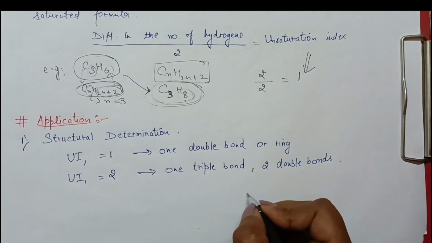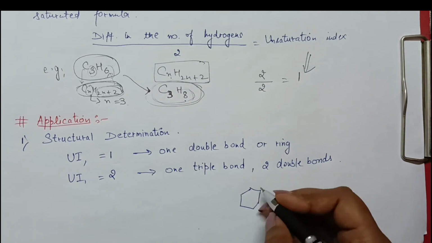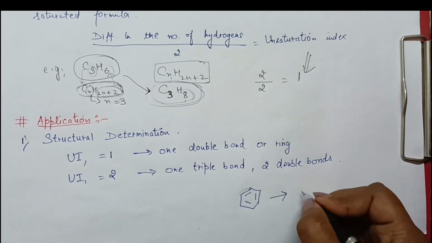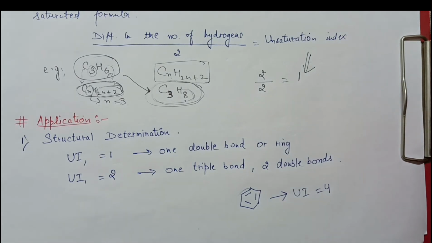Suppose we are talking about benzene. Benzene has one ring and three double bonds, so it should have unsaturation index equal to 4. Benzene contains one ring and three double bonds, so it has an index of hydrogen deficiency of 4.